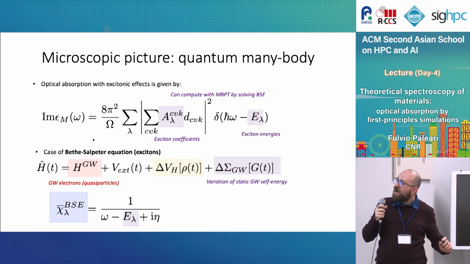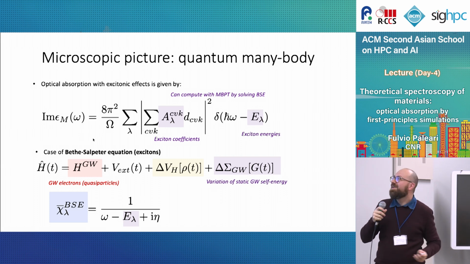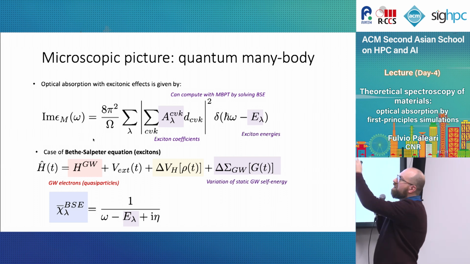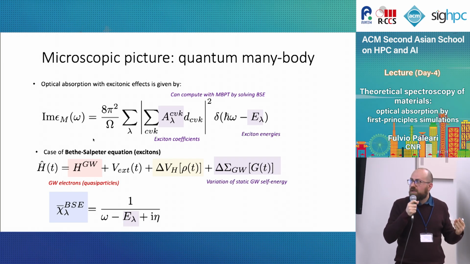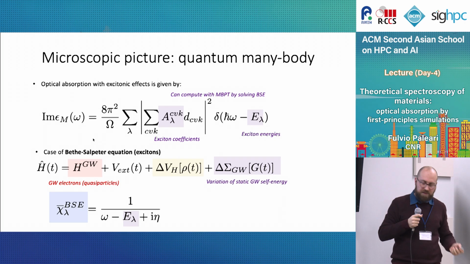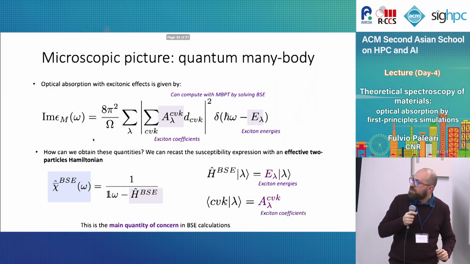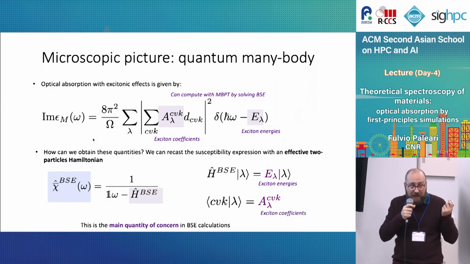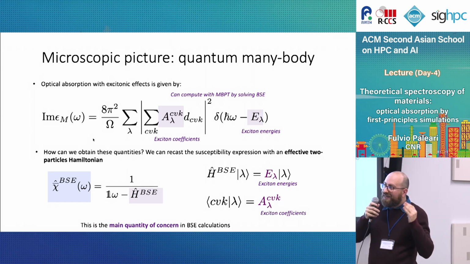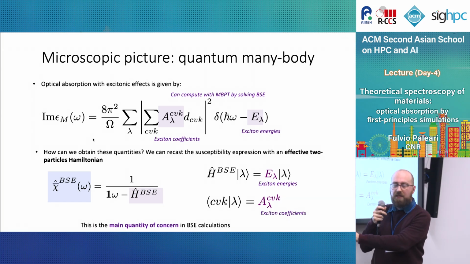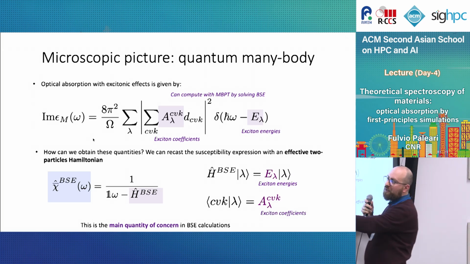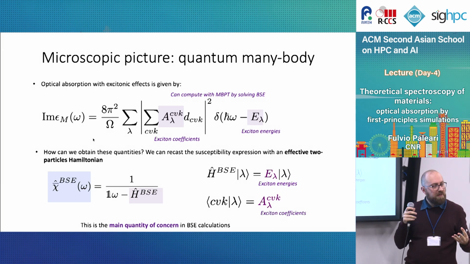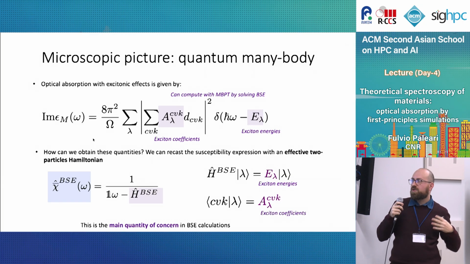Okay, finally, we have finished. These quantities, the purple quantities, are those that we can finally compute with a many-body code, such as Yambo, for example. And how do we do that? Basically, we recast the susceptibility into this formal expression. And you see that now we construct an effective matrix, an effective Hamiltonian.